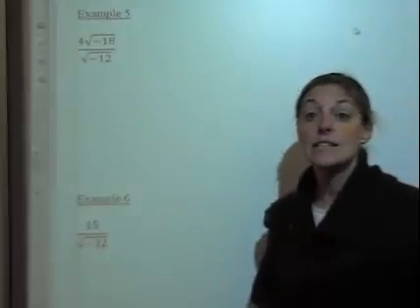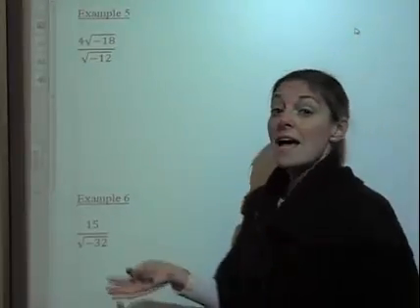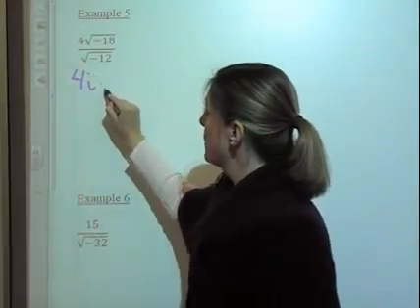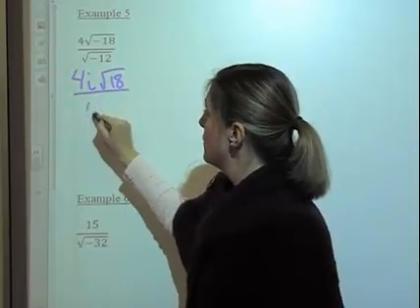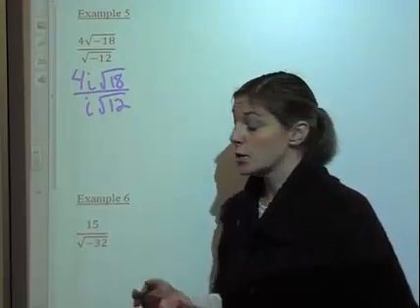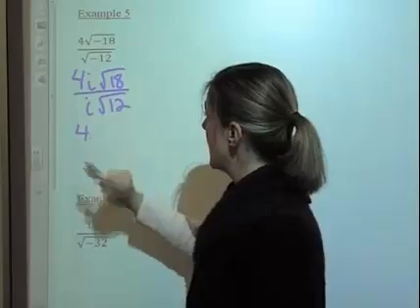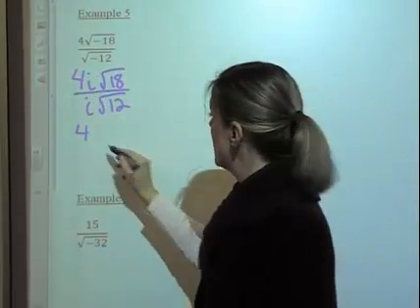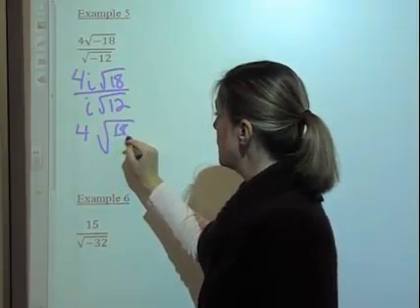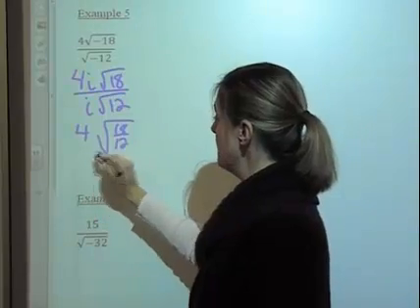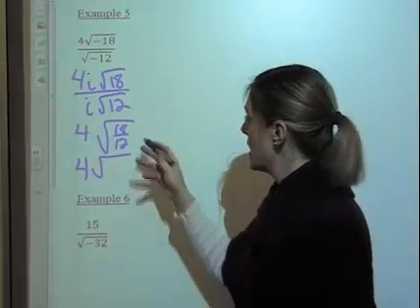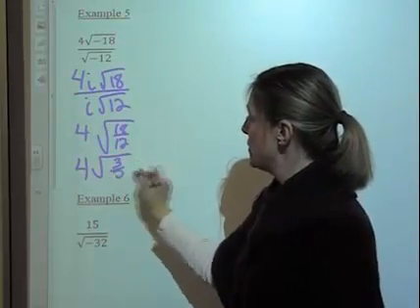All right, so let's take a look at example number 5. Again, the first thing we want to do is pull out the i's. So we have 4i square root of 18 over i square root of 12. Then we can take a look at our 18 and our 12, and our i's are going to cancel, and that's 4 times the square root of 18 over 12, which if you reduce that, becomes 4 square root of 3 over 2.